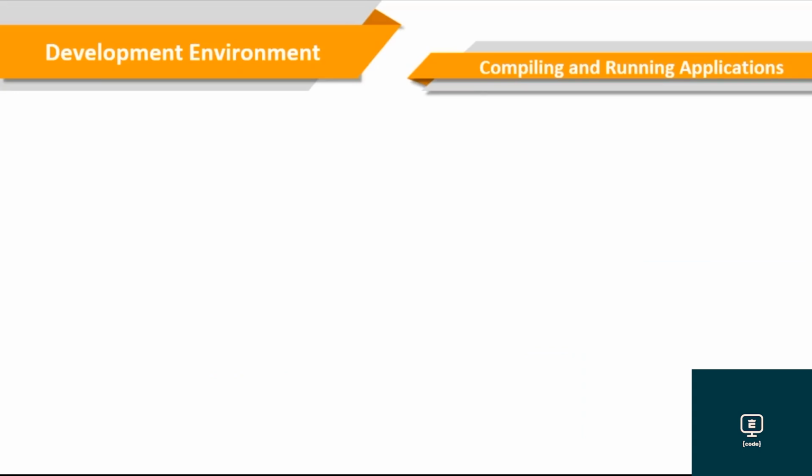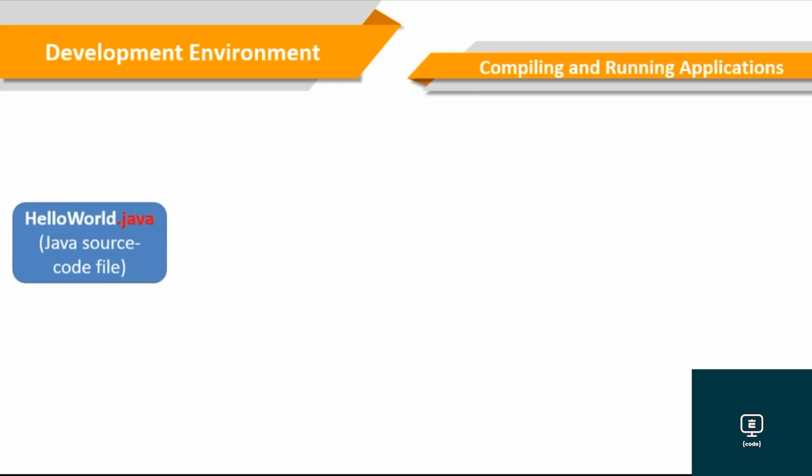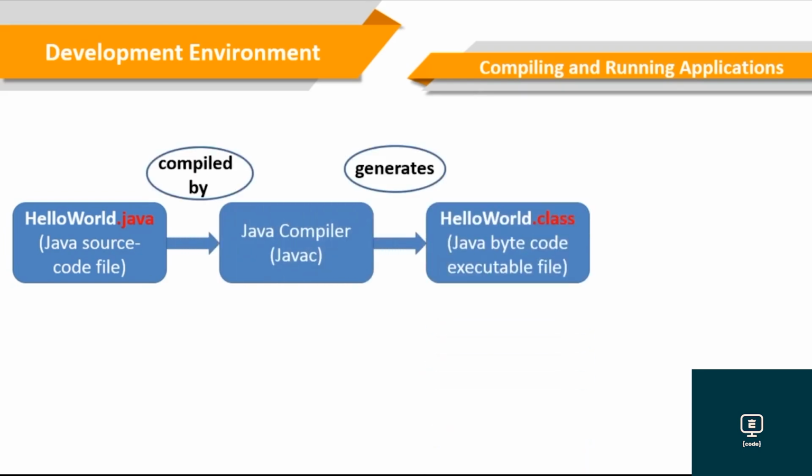Okay, so let's understand how our Java Hello World source file was compiled and then executed. First, we wrote the Java source code in the HelloWorld.java file using Eclipse IDE. Then the program has to be compiled into bytecode. The Java compiler compiles the source code and then generates the HelloWorld.class file.